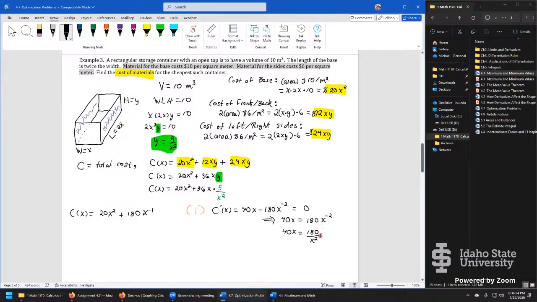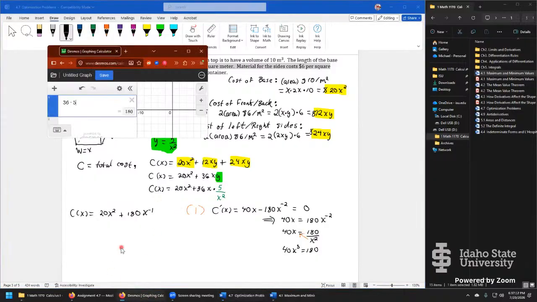This better conveys what you want to do next. Just multiply both sides by x squared, or if you're a cross product type of person, multiply x squared across the equality. You get 40x cubed is 180. Now let's take 180 divided by 40, or 18 divided by 4 equivalently. x cubed is now 4.5.